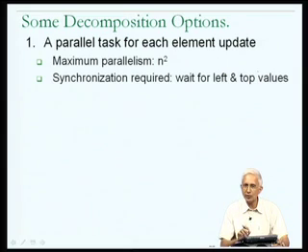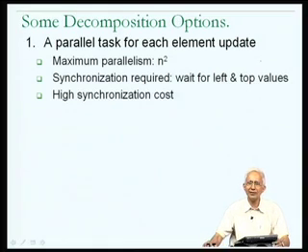That synchronization is going to amount to a fair amount of synchronization, because it is going to have to synchronize with two of the four other processes that it is related to. I have to qualify this by saying that it is a high synchronization cost. Therefore we do need to look for alternatives.